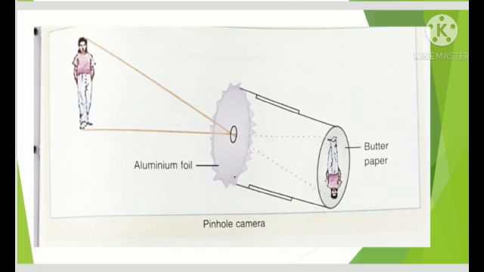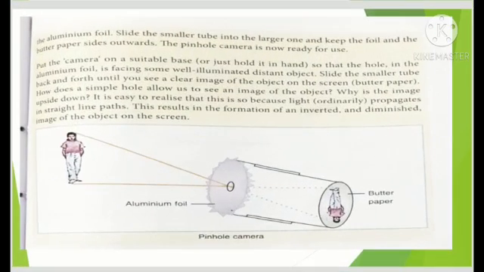So for doing that, let's discuss activity number 5. We are asked to take two cylindrical cardboard tubes. What is the better option with us? We can take the cylindrical cardboard tubes that are left over after using the roll of aluminium foil.